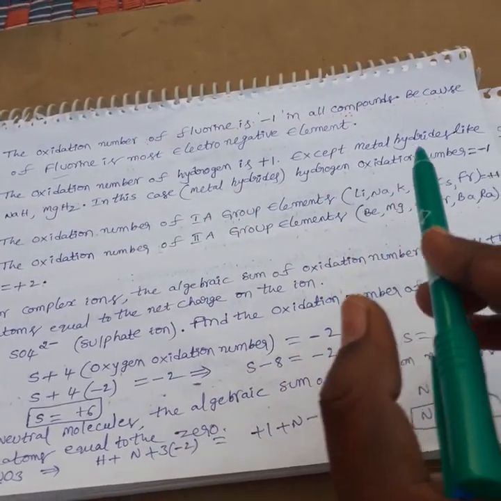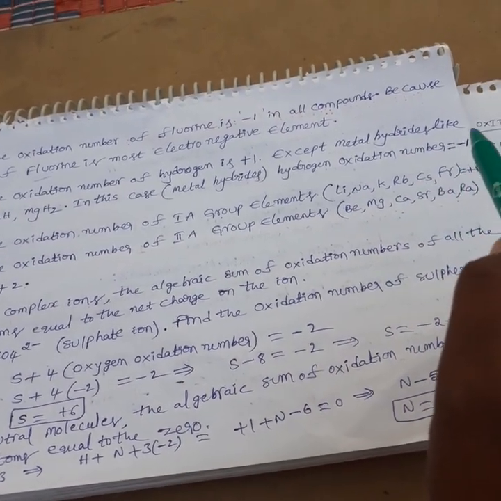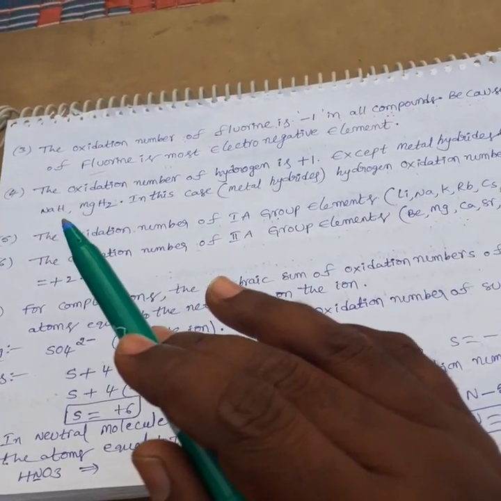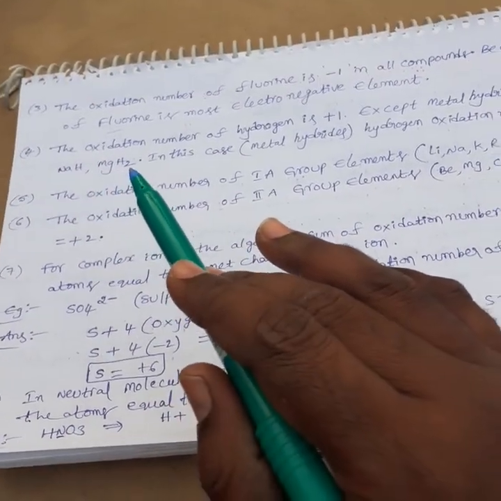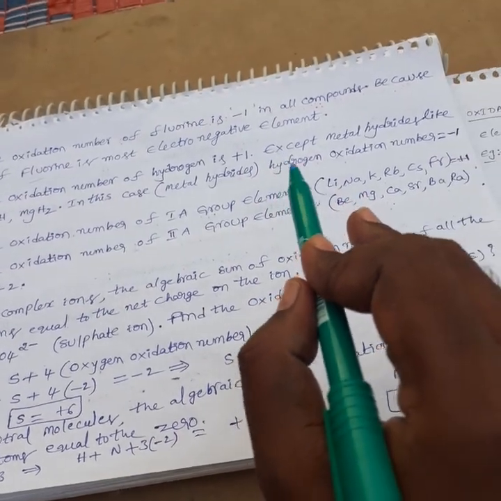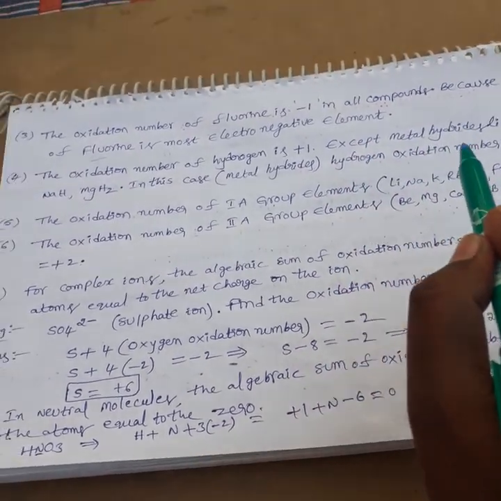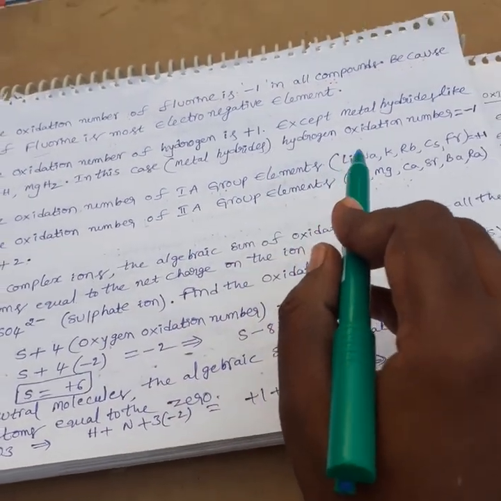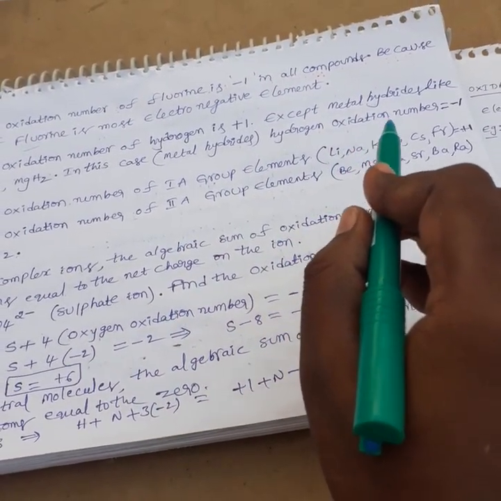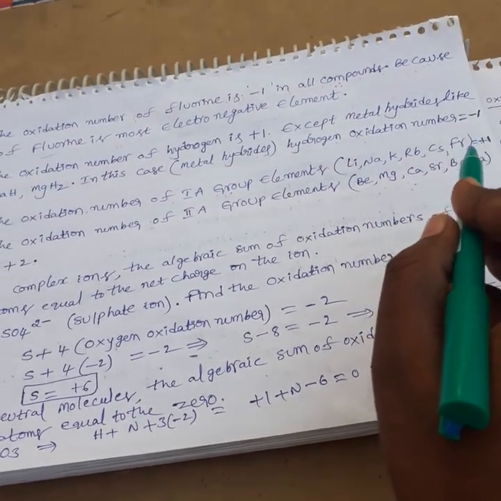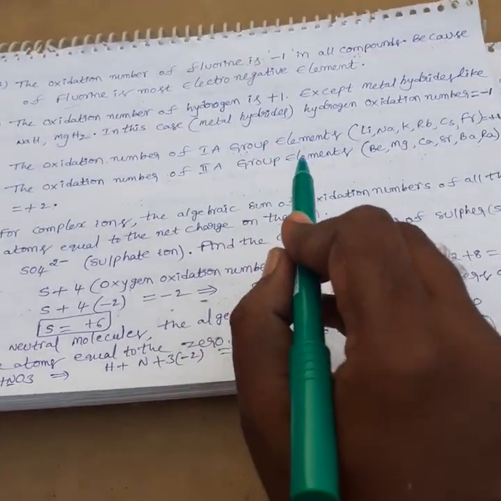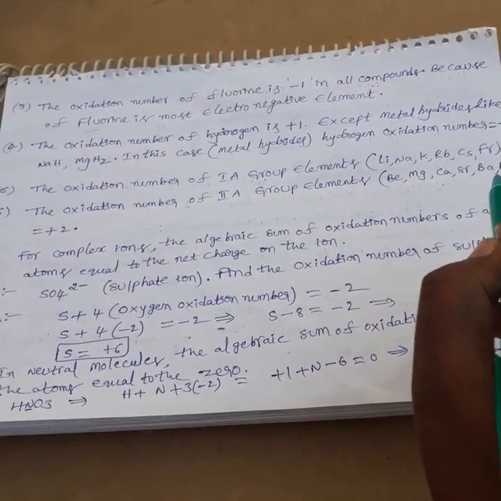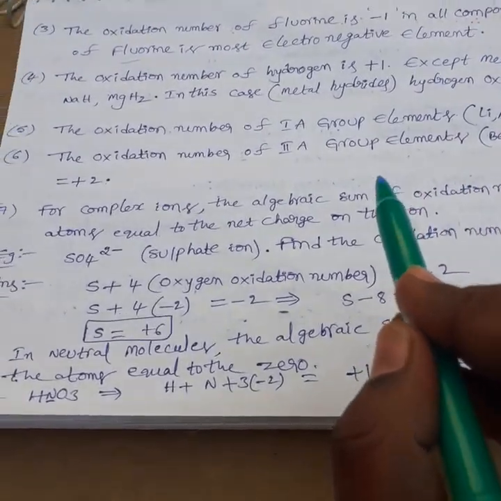In metal hydrides hydrogen's oxidation number is -1, because metals always carry a positive charge by loss of electron. And the oxidation number of first A group elements like lithium, sodium, potassium, rubidium, cesium, francium is +1, and of second A group elements like beryllium, magnesium, calcium, strontium, barium, radium is +2.